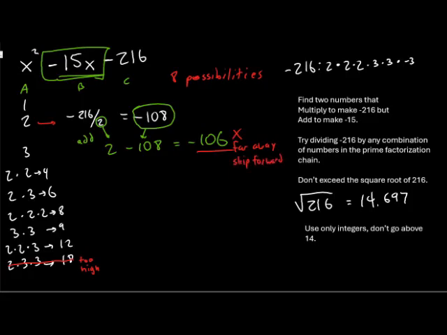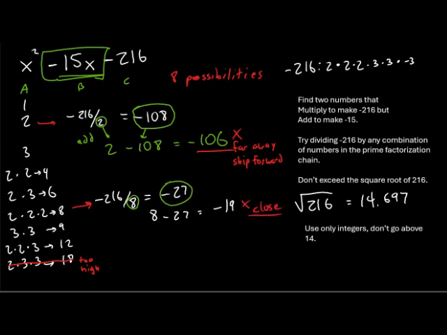For that reason, I'm going to skip a few steps forward and go toward 8. Let's take negative 216 divided by 8. When we do that, we will get negative 27. Then, let's try 8 minus 27 and see what we get. When we subtract, we will end up with negative 19. That's not a match for our negative 15, but it is close.